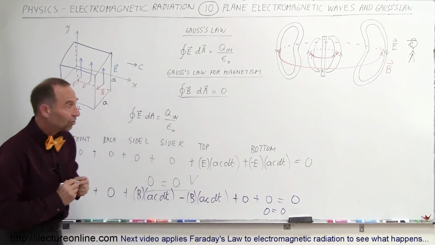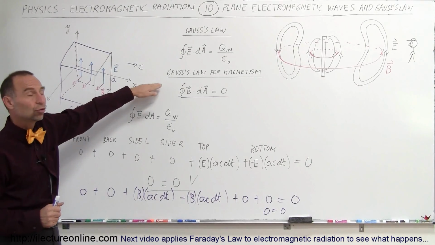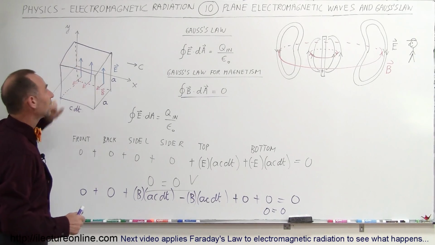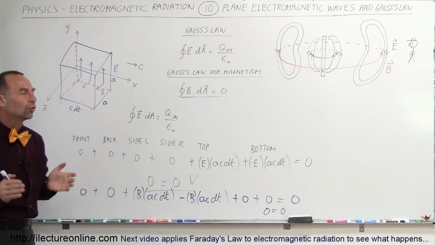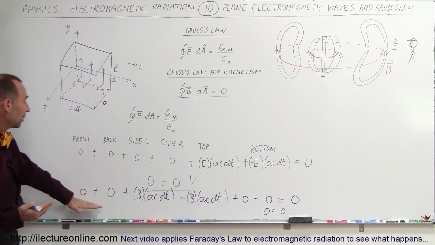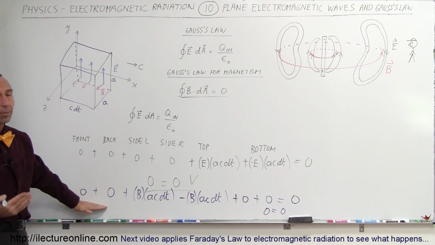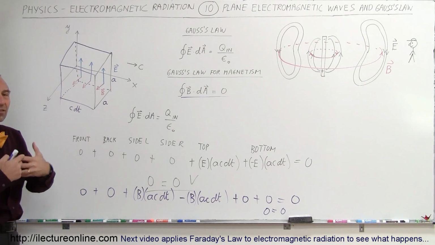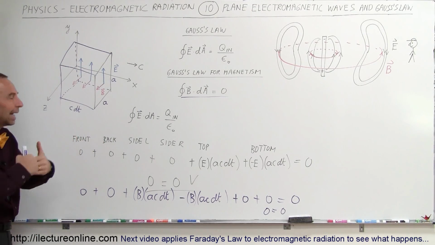So both Gauss's law and Gauss's law for magnetism show that there's no violation of Maxwell's equations by electromagnetic radiation, at least when it concerns those two equations. But they don't tell us a lot. The bottom equation simply tells us that there are no monopoles inside the surface, causing magnetic fields to emanate but none to enter.